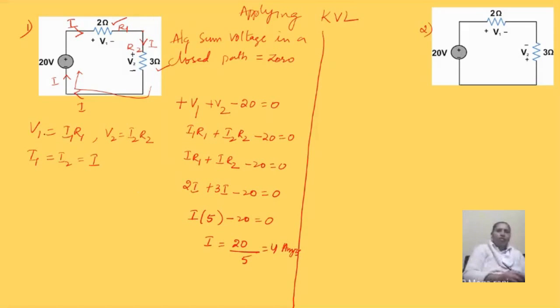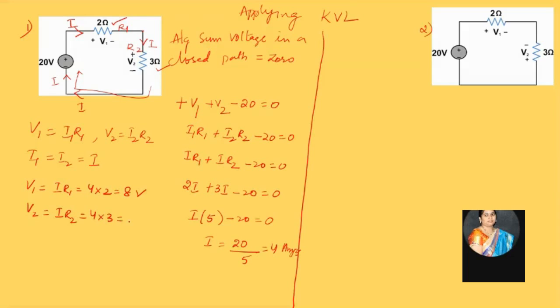Now find out V1 and V2. V1 is I into R1, that is 4 into 2, which is 8 volts. Similarly, V2 is I into R2, which is 4 into 3, which is 12 volts. Now place these V1 and V2 values in this equation.